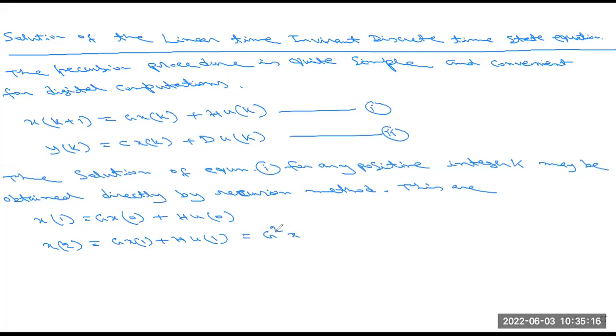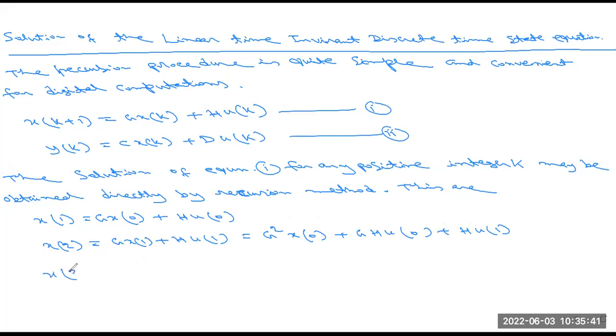We express x of 2 as g to the power 2 x of 0 plus g h into u0 plus h of u1. This is the recursion method we apply in the next steps.